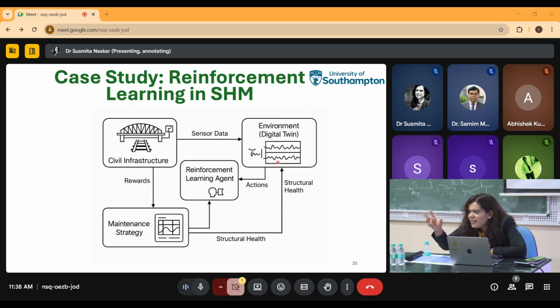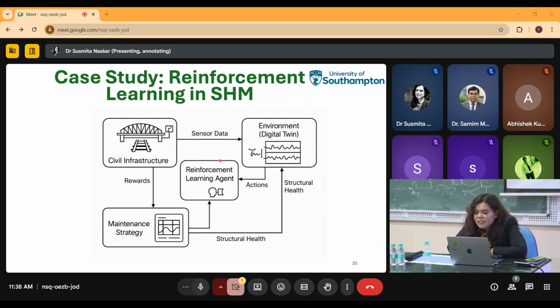That's the process of reinforcement learning, and it will take time with trial and error, until you get a convergence. Once you get a very good reward, it is going to give you the reward from this side, and that tells you the maintenance strategy. So basically it's about converging these two through the sensor data by developing this reinforcement learning agent.